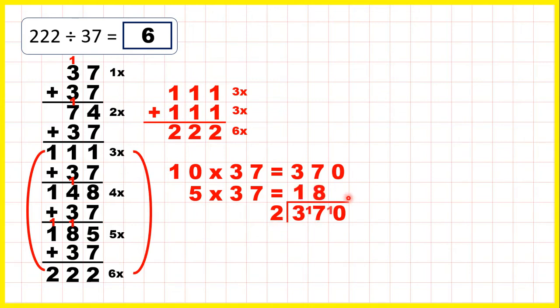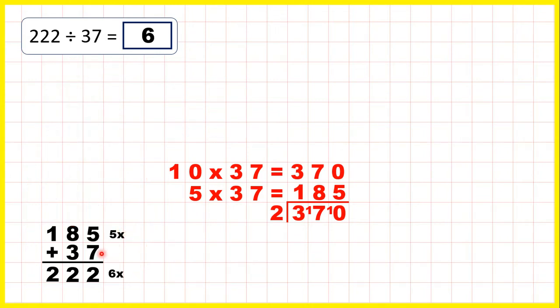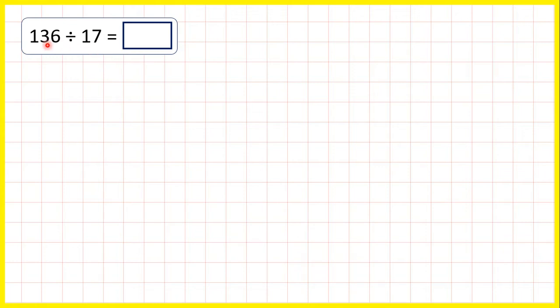That would give us 185 for 5 times, and then we'd only need to add another 37 to get to 6 times, so we'd know our answer.